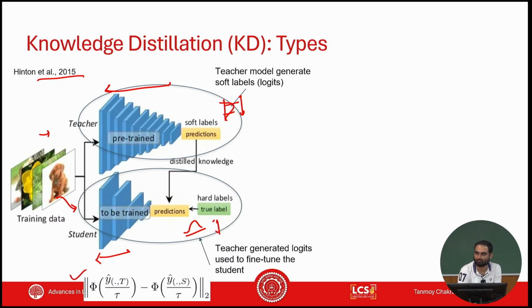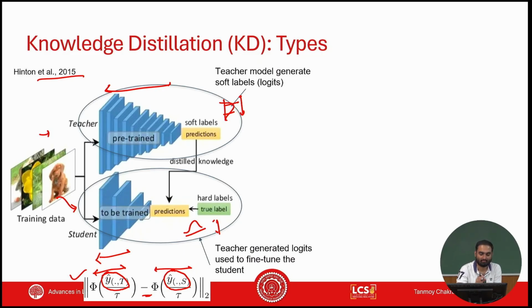The loss is as follows. You see, y hat t is the logit of the teacher model, and y hat s is the logit of the student model. You pass it through softmax, and that will give you a distribution. This is also a distribution, and you minimize, let's say, the L2 norm between the two.